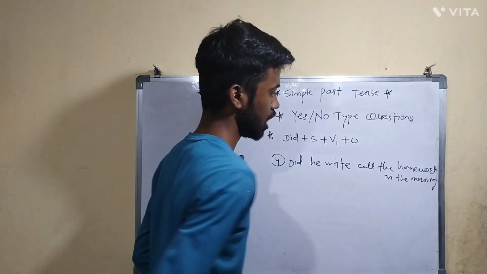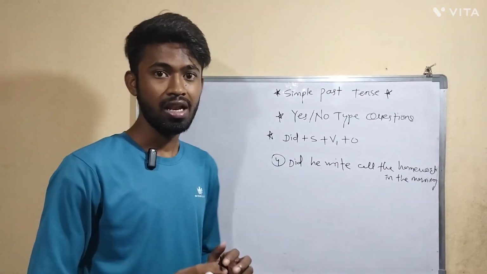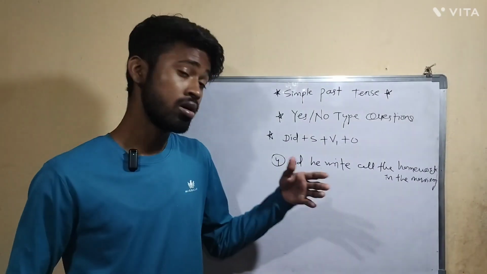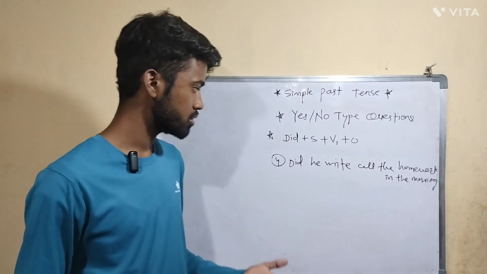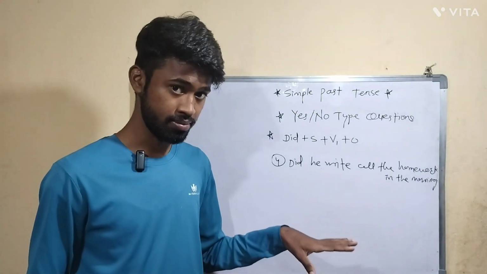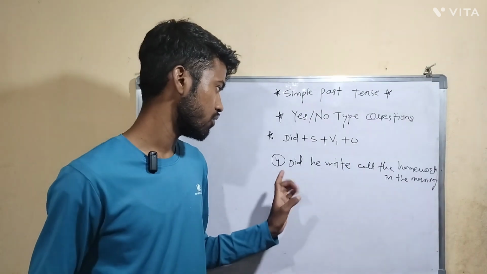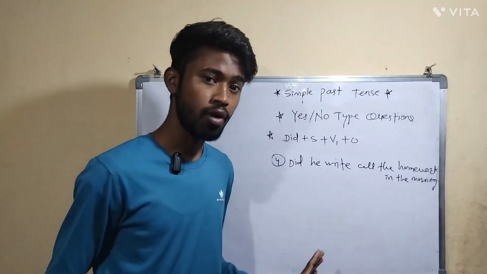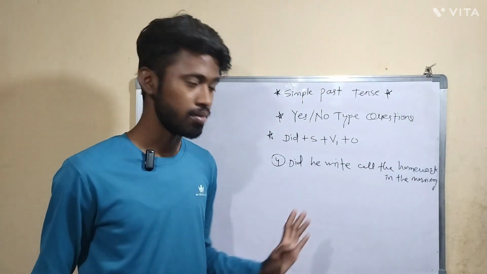Now you may say how morning became the past. Let's say this is afternoon time. If we are telling about the morning, it will become past. Okay, so let's assume that it's afternoon or evening time. So this is how we are telling. Did he write all the homework in the morning?